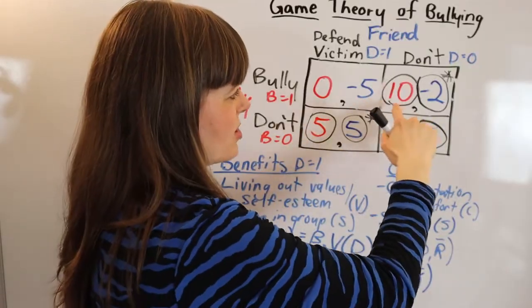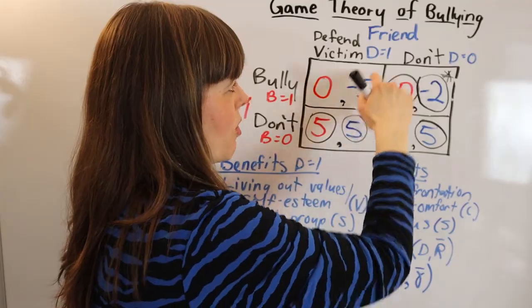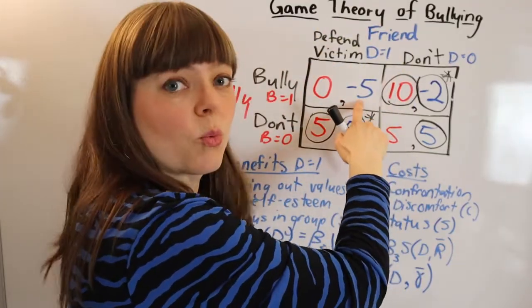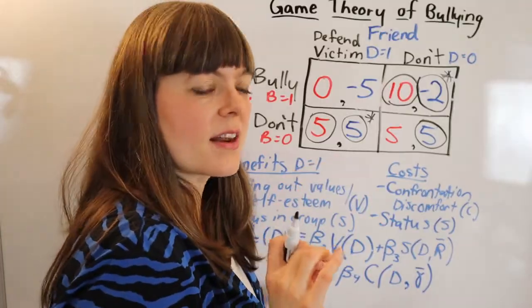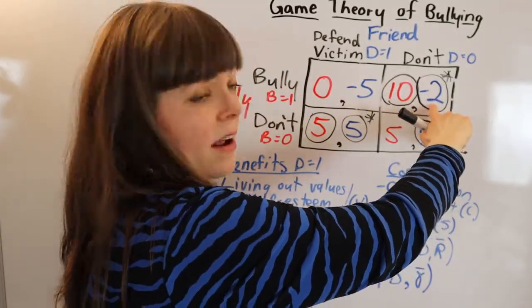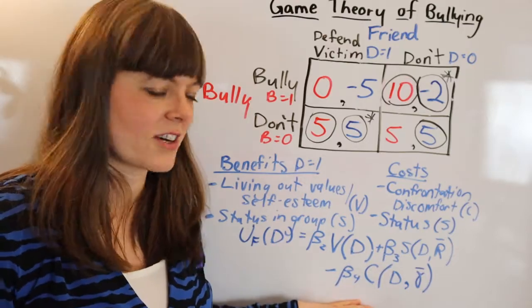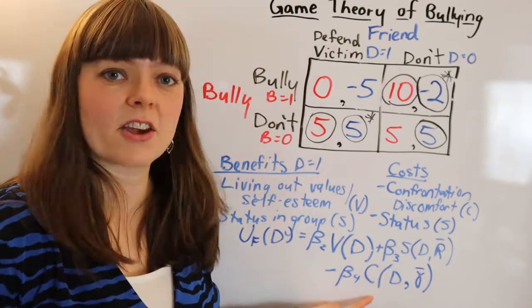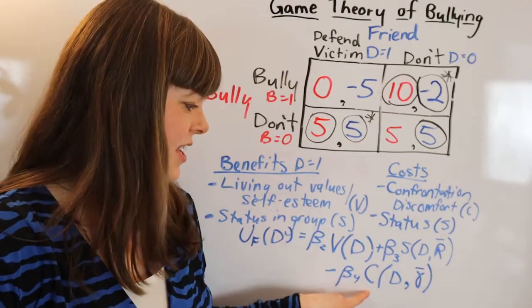So we have to ask the question, when would we get this bad scenario? When would we get a situation where defending the victim led to worse utility, a worse payoff in expectation, that is, than not defending the victim? And we can come down to our utility function and think, well, okay, one thing that could be going on is that the person places a heavy weight on confrontation.